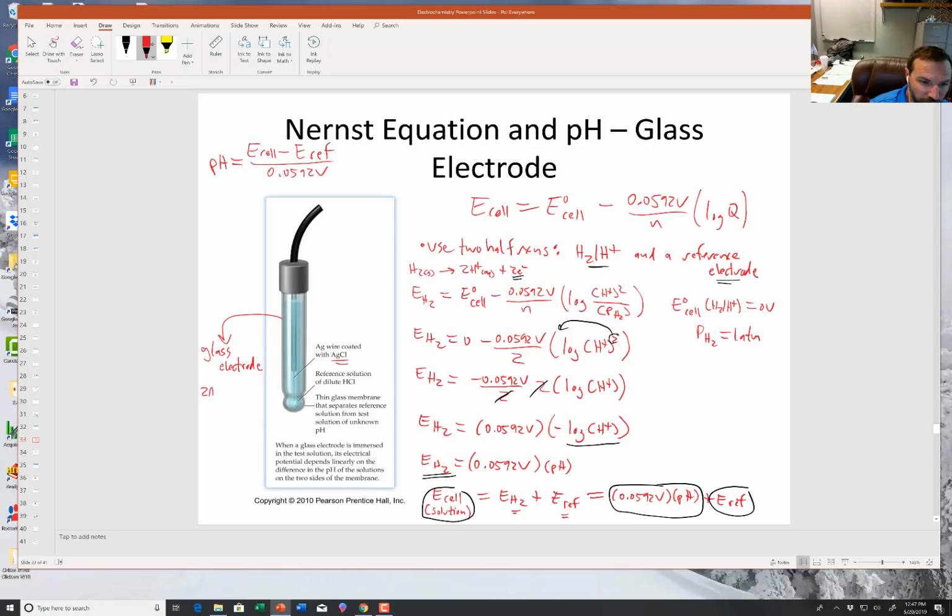So we have 2 silver, which is of course a solid, plus 2H+ produces silver ion plus hydrogen gas. So that's the overall reaction in dilute HCl. So what we can imagine then, hopefully, is we could find the potential of the reference electrode. That would just be determined experimentally.